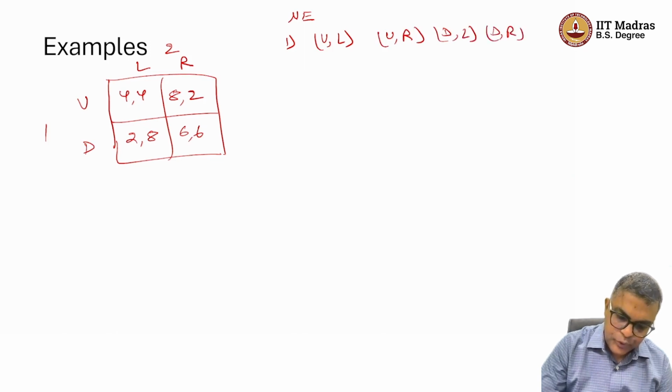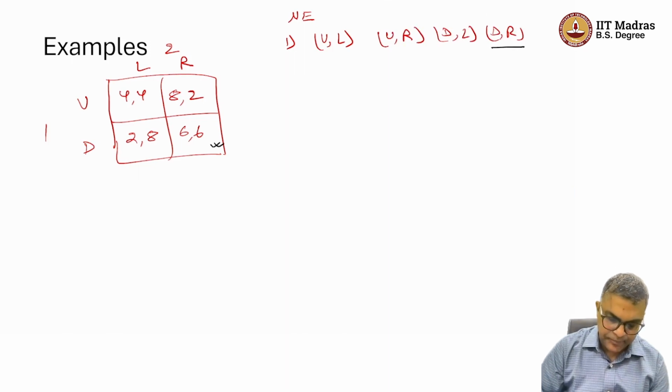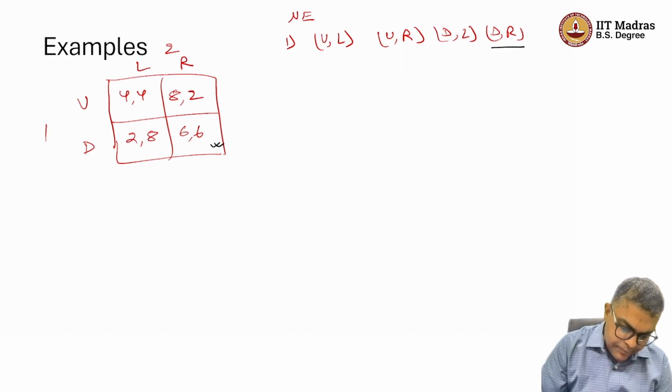We can start with D comma R. Let us do D comma R first. Suppose this is the Nash equilibrium. Can anyone do better by deviating? First let us understand the working principle, and then we should understand why it works. If player 1 deviates, what is going to happen?